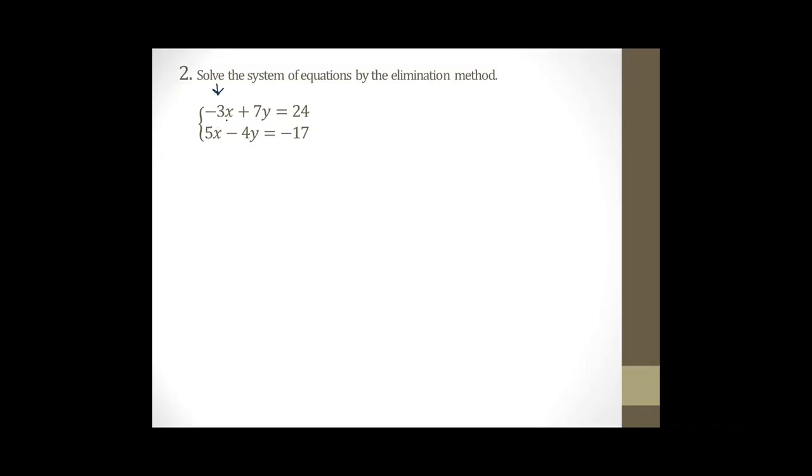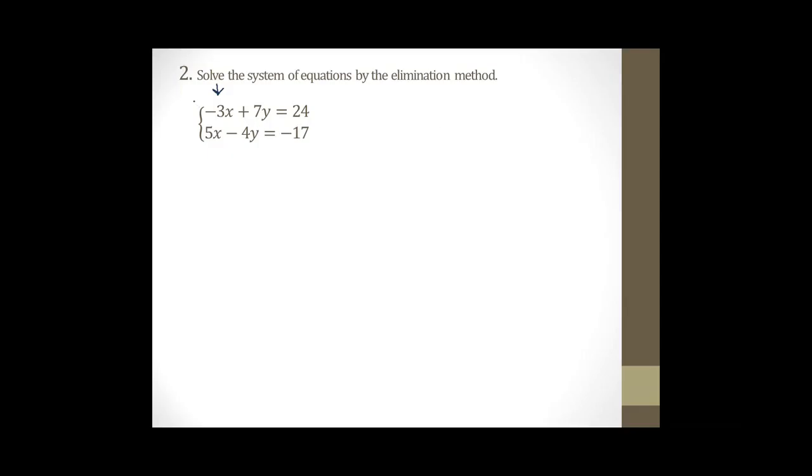But starting with x, I need to find a number by which I have to multiply the first equation and a different number for the second equation to cancel each other out. It's kind of like finding the least common multiple. For -3 and 5, the least common multiple is probably 15.